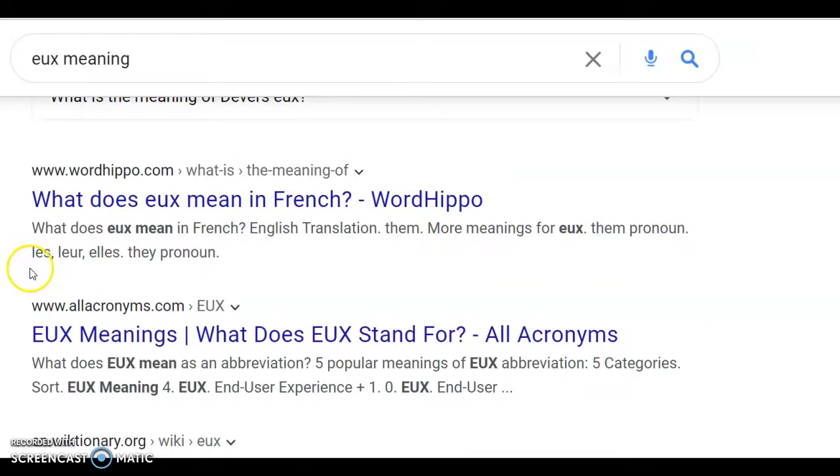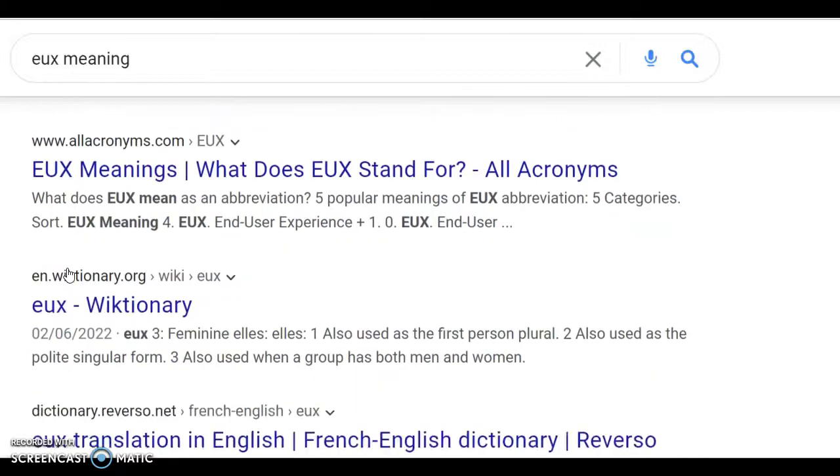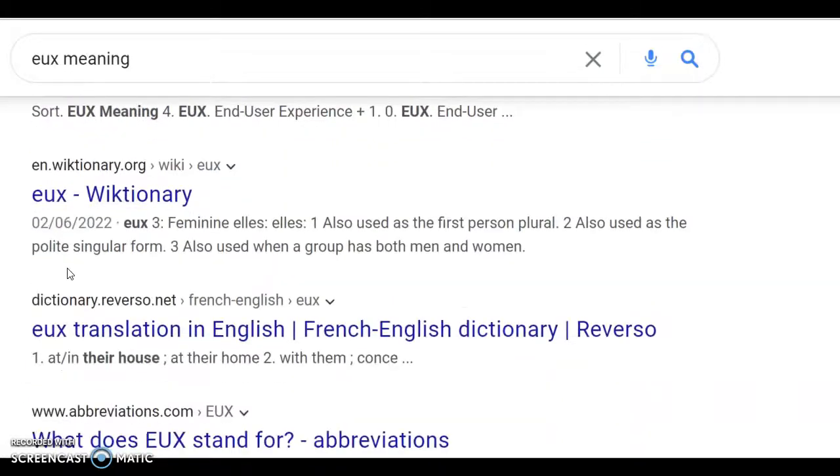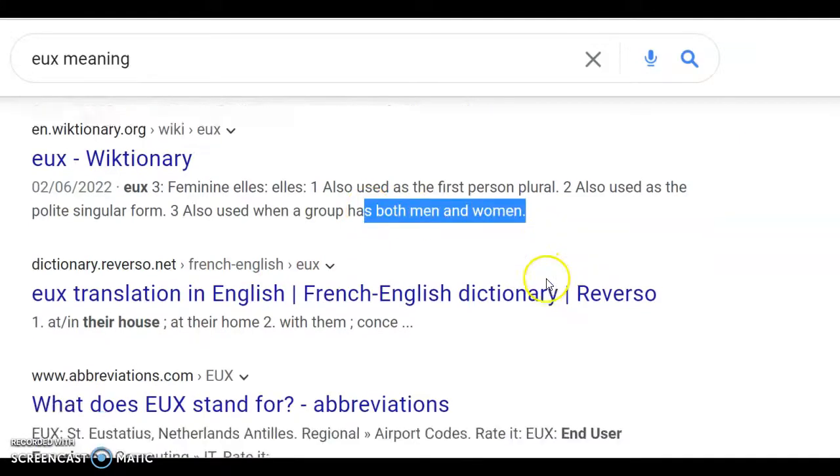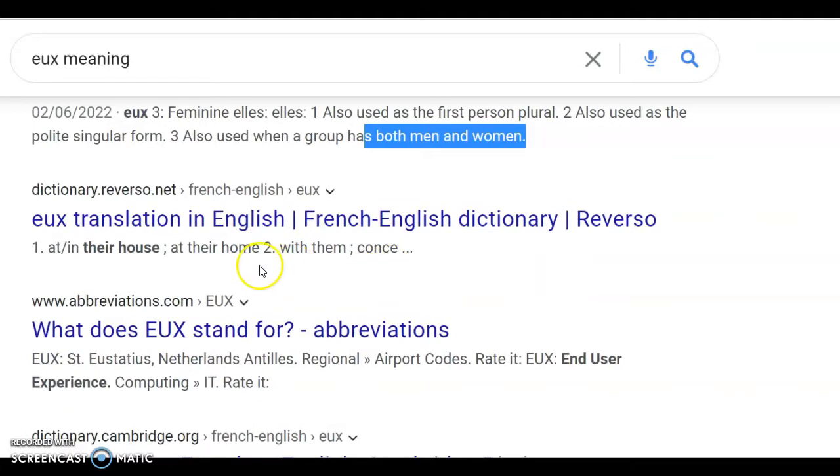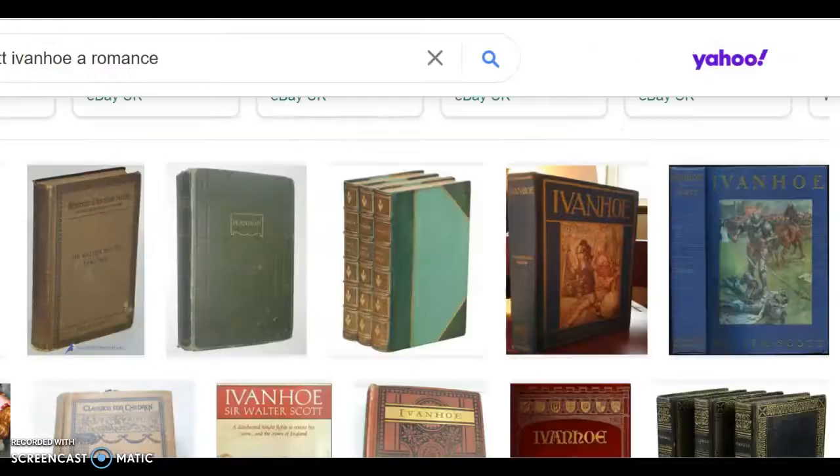I've seen these codes before, see, the Bayeux Tapestry. Now we'll come to Walter Scott and Ivanhoe.